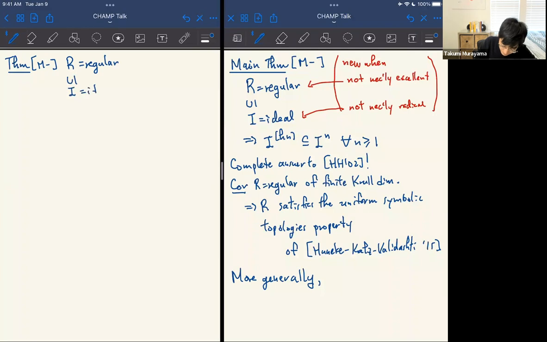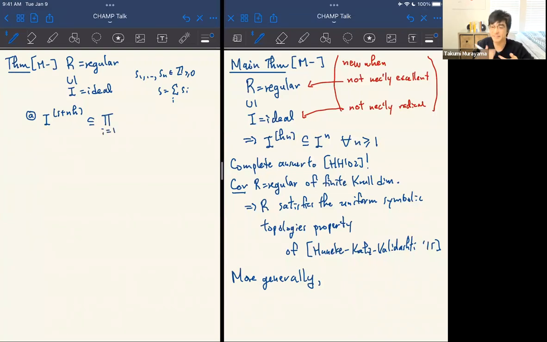But if you have a regular ring R and I is an ideal inside of it, and we choose a bunch of integers s_1 to s_n, and let s be the sum of those, there's two more things we can say, which involve products of different symbolic powers of I. So first of all, I^(s+nh) symbolic is contained in this product of a bunch of other symbolic powers.